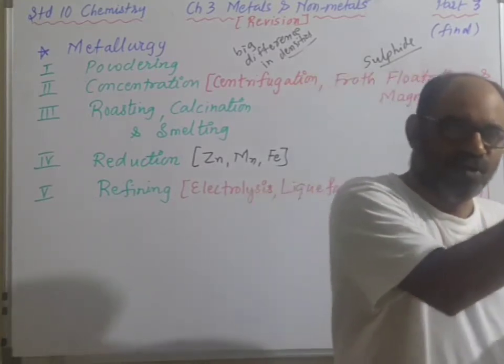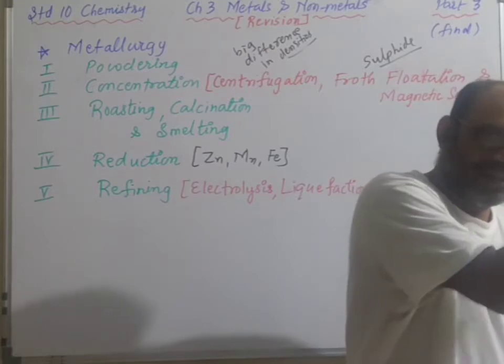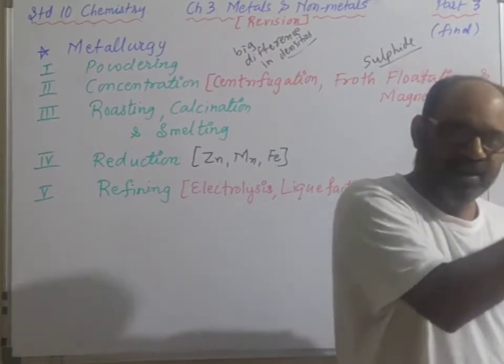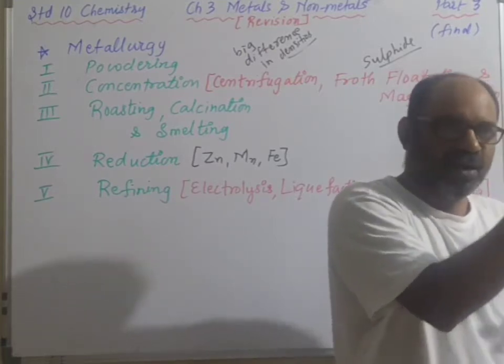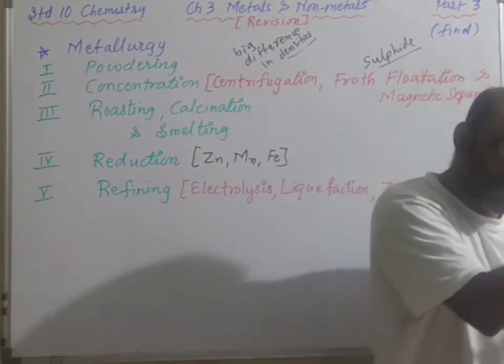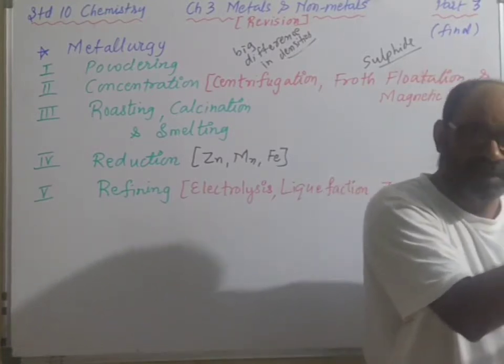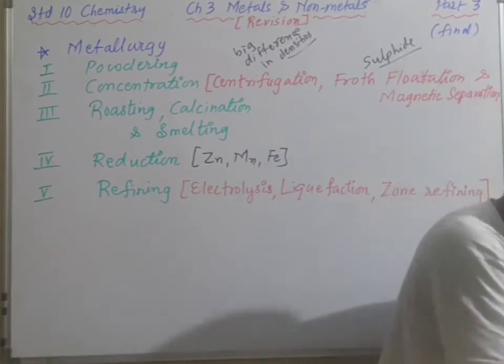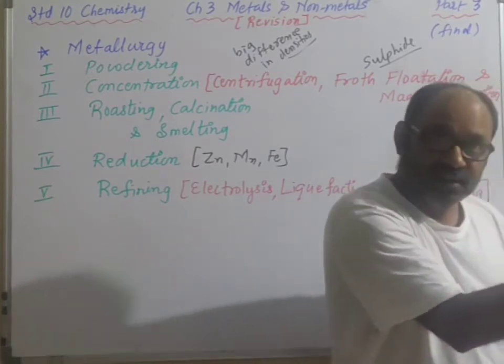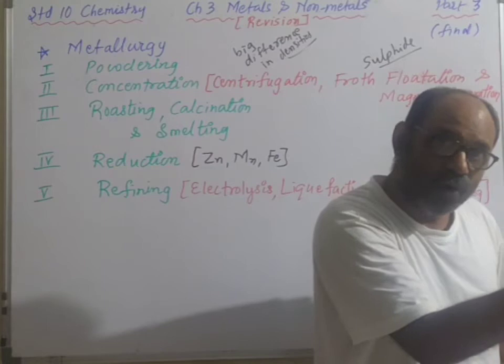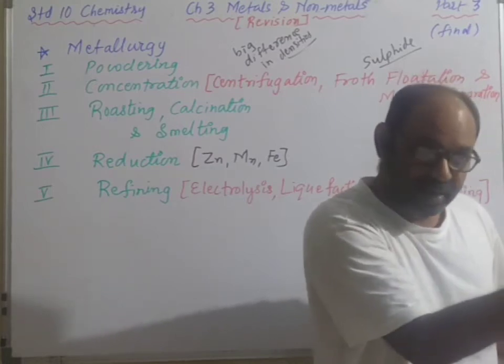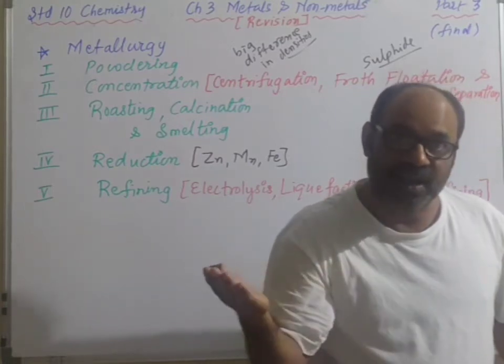As the powdered ore passes through this second wheel, which is made up of magnet, all the ore except the iron falls straight down, whereas the iron in the ore gets stuck to the magnet and moves along with the belt ahead.